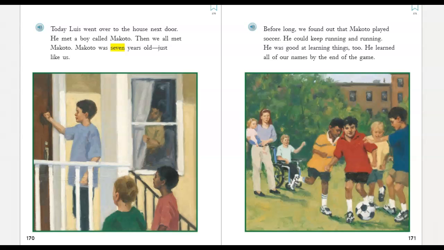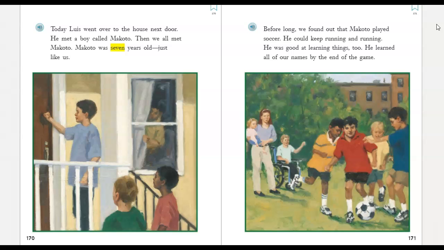Makoto was 7 years old, just like us. Before long, we found out that Makoto played soccer. He could keep running and running. He was good at learning things too.